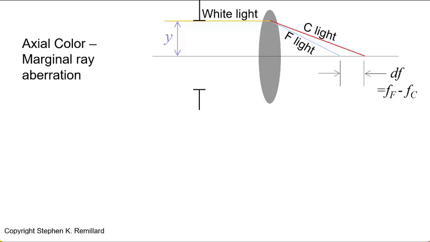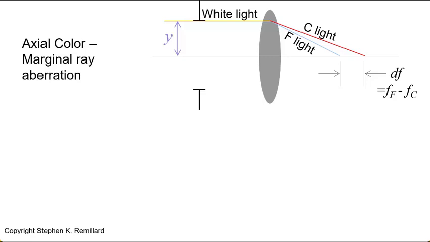There's axial color, which is the chromatic aberration in the marginal ray. So if you have a marginal ray coming in parallel to the optical axis, it strikes a lens. Light will divide into its colors. C-light and F-light are the most different of those 3 wavelengths that are used, and they will strike the optical axis at different points.